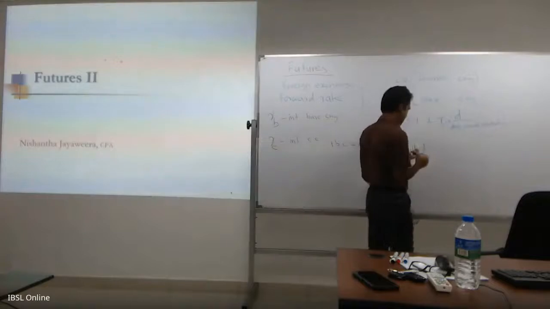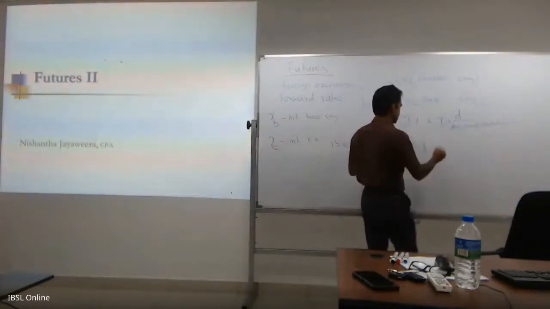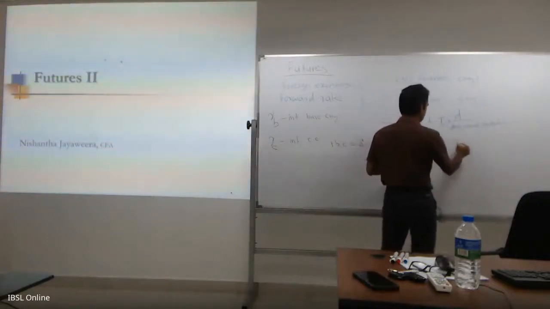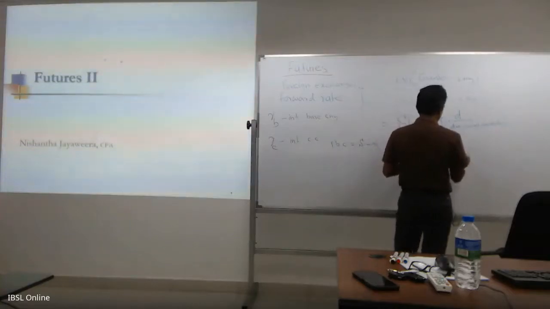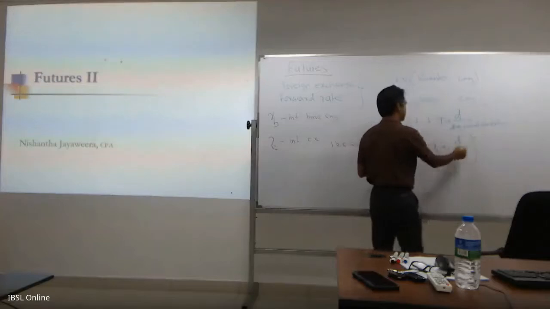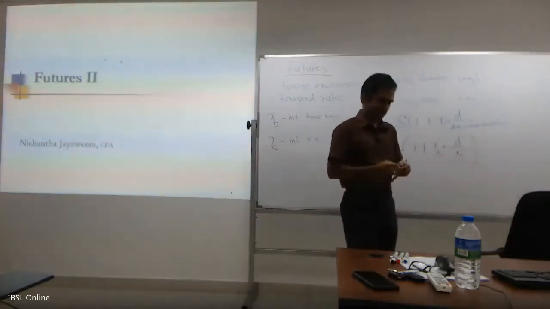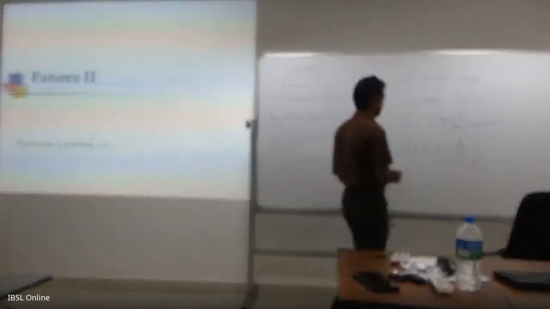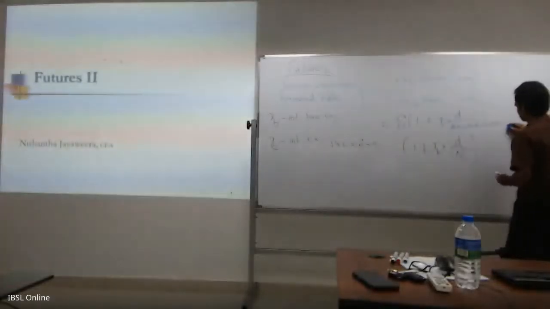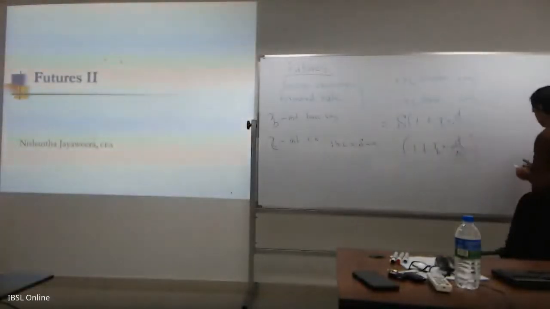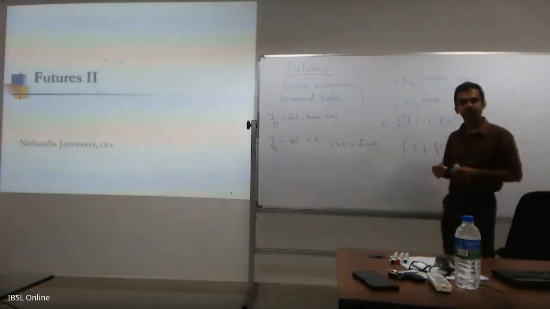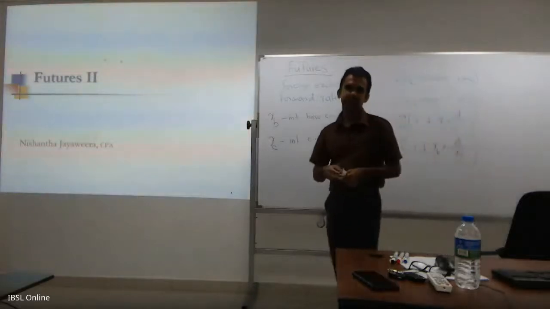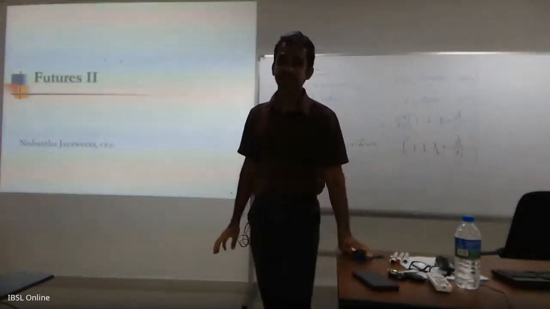This is the counter currency, RB into D over whatever, the number of days that you need. This is the equation for the forward exchange.